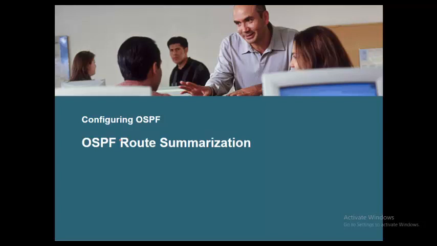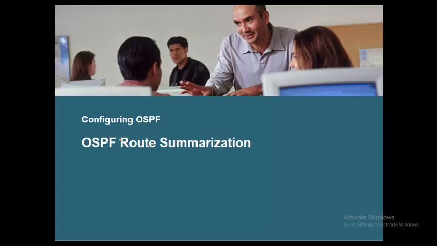Now, where to summarize? EIGRP allows you to summarize anywhere you want. You can go to one of the routers somewhere in the corner or in the middle. You can do manual summarization under the interface. OSPF doesn't do like that.